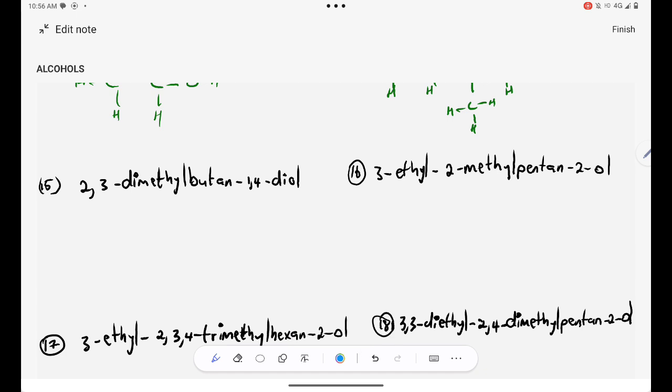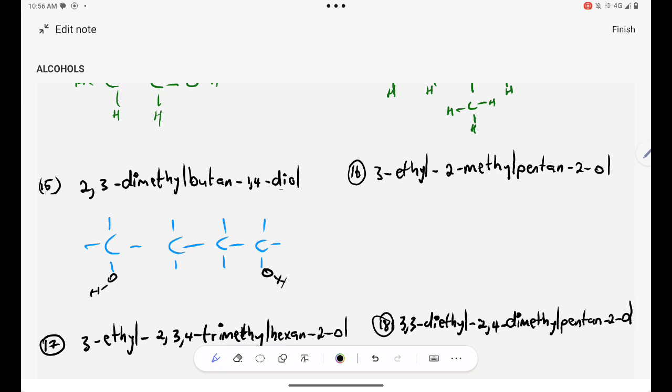For number 15, I have 2,3-dimethyl butane-1,4-diol. Since I have butane, guys, it simply means I'm dealing with 4 carbons, right? So that's 1, 2, 3, and 4. Both of the terminal carbons have the OH groups, because I'm dealing with the diol, right?